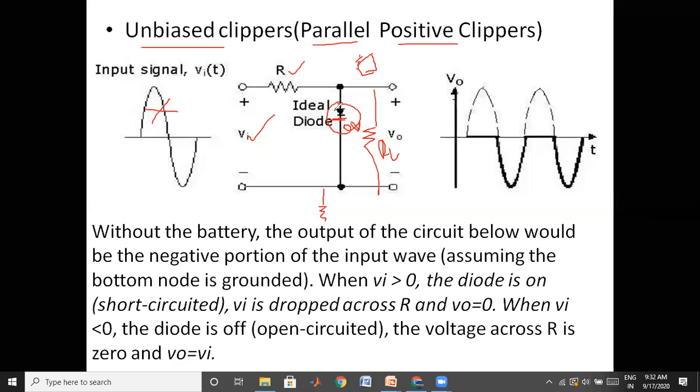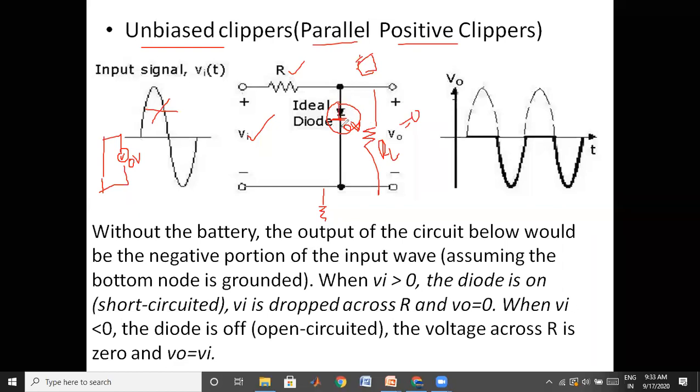When the diode is on, you are collecting the output here. If you connect a voltmeter across a short circuit, what will be the voltage? The voltage will be 0 volts. Therefore, when the diode is on, the output is 0, because we have made a short circuit.